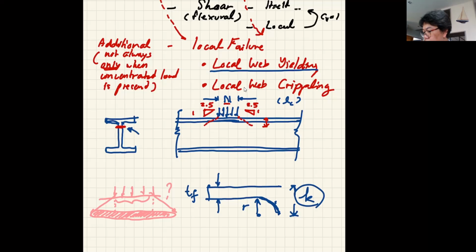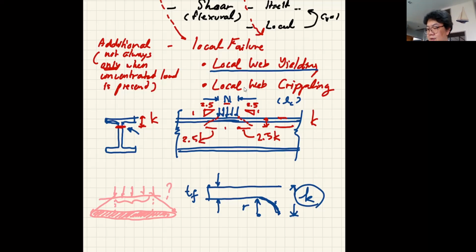So that means if this comes down with the distance K, naturally this will be 2.5K. We have 2.5K on the right side, and 2.5K on the left side as well.